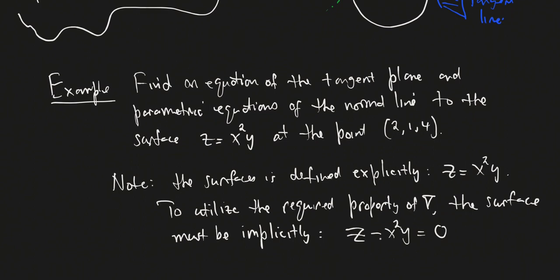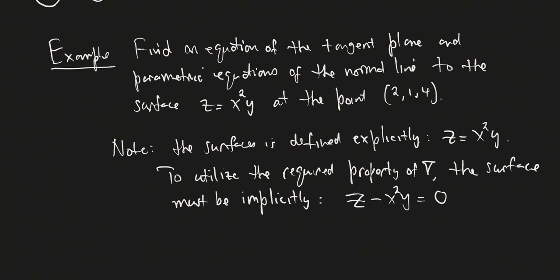Now, full disclosure, there are other formulas out there for the equation of the tangent plane and the normal line when your surface is defined explicitly. But I just think if we have a general approach that works for every implicitly defined surface, why do we need another set of formulas?